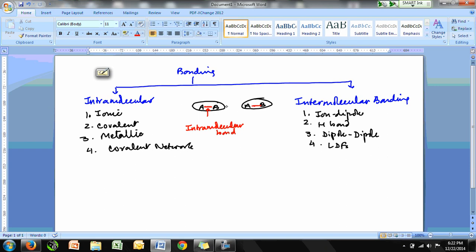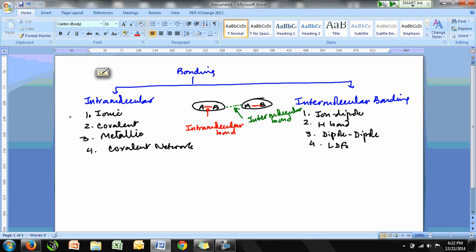However, once the molecules are formed, there may also be attraction between the molecules through what we call an intermolecular bond, or IMF. So here we write intermolecular and intramolecular as two different types of bond.